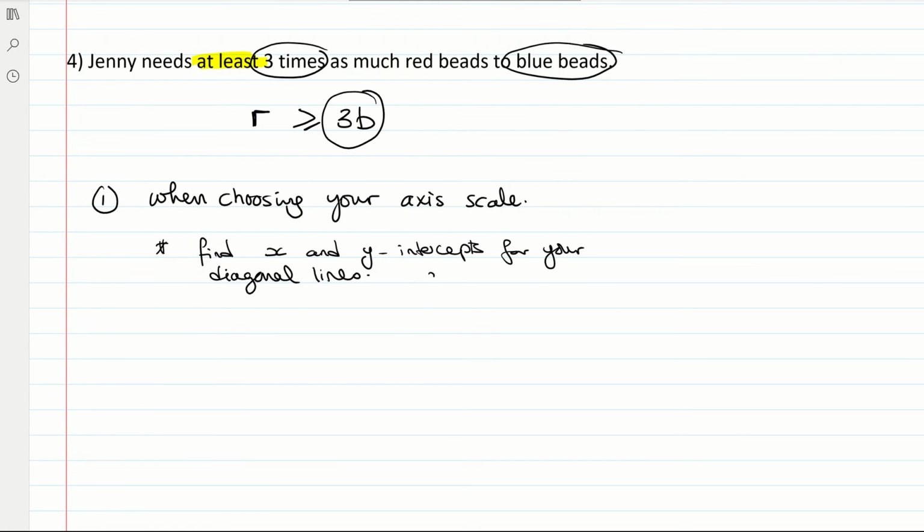Okay, so you're going to do x equals and find what y is, y equals and find what x is. Okay, and fill in your coordinates.